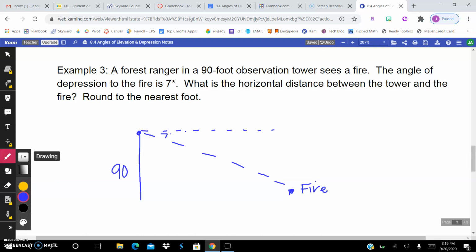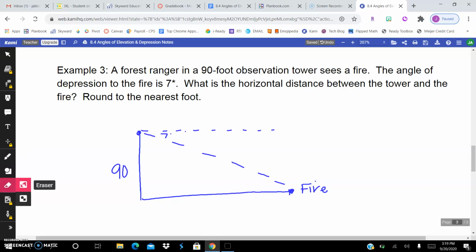Okay. What is the horizontal distance between the tower and the fire, rounded to the nearest foot? So the horizontal distance would be right here. Oops, not 7. That would be x. That's what we're trying to find.